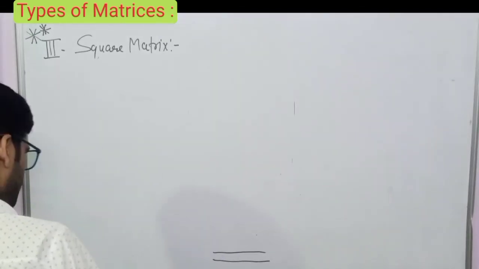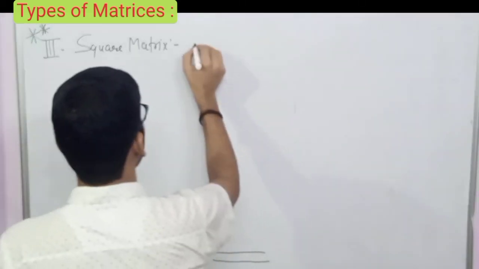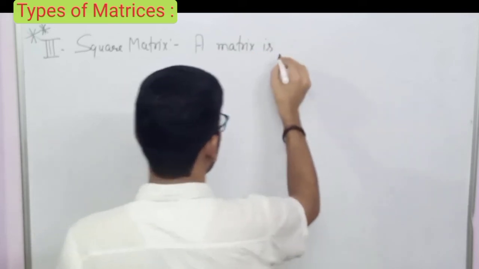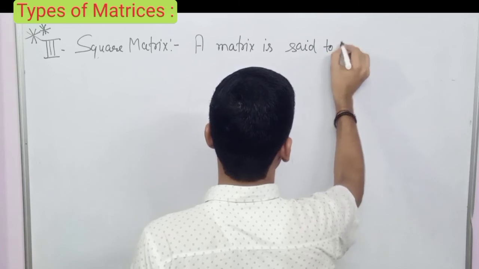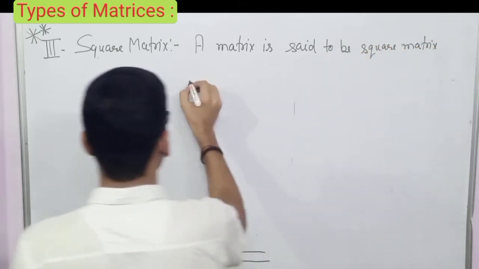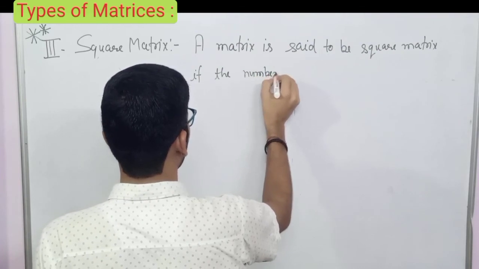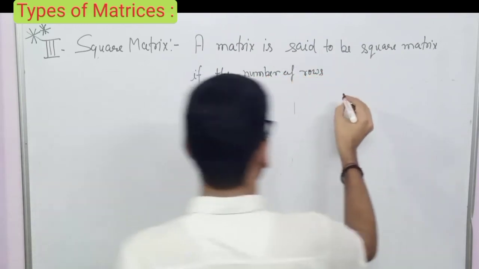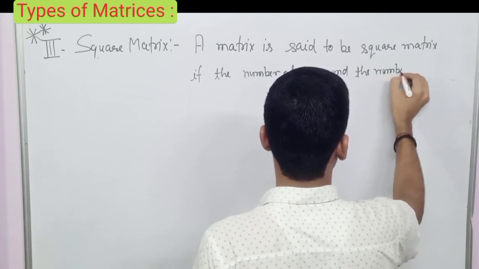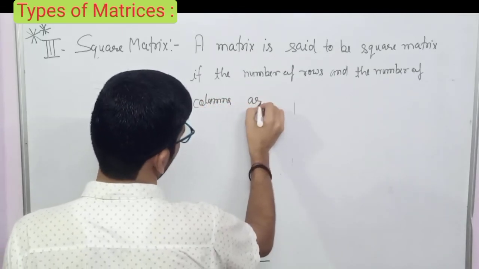So the square matrix definition: a matrix is said to be a square matrix if the number of rows and the number of columns are equal.